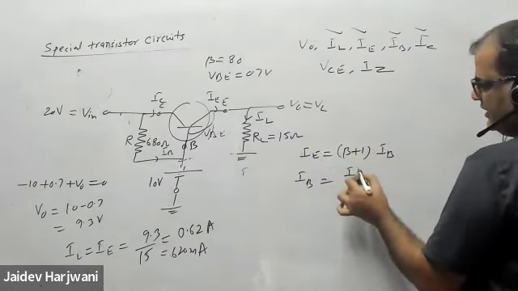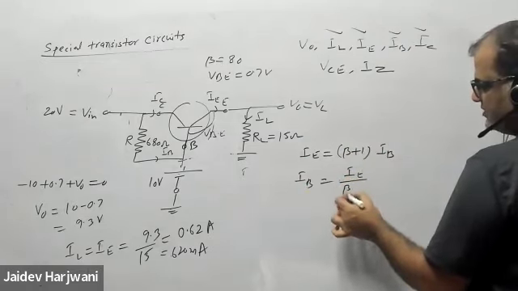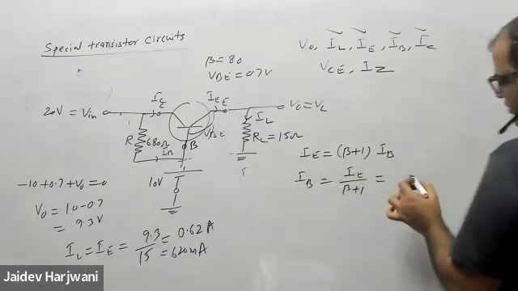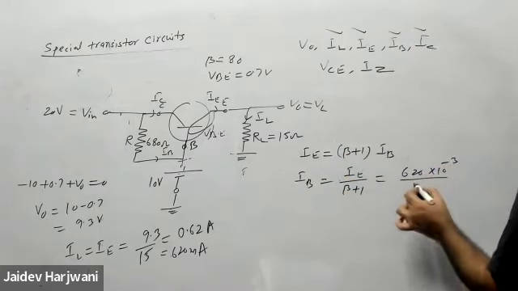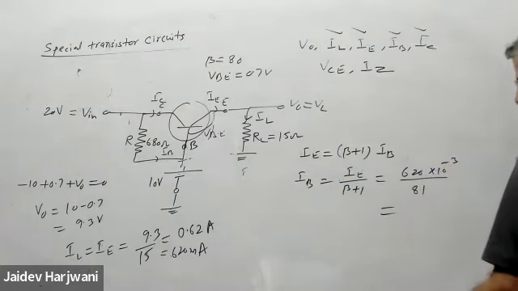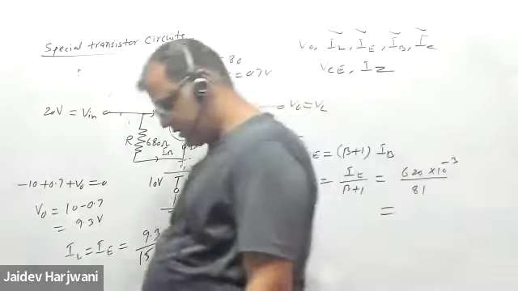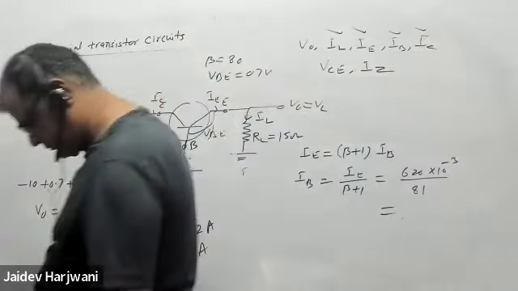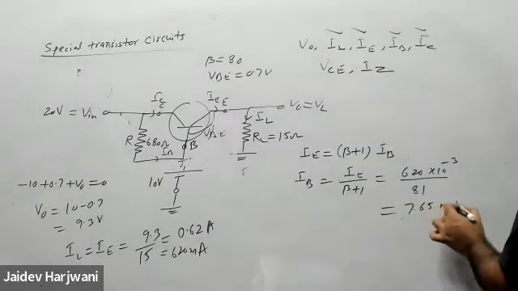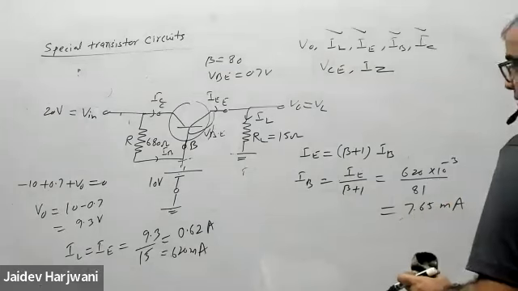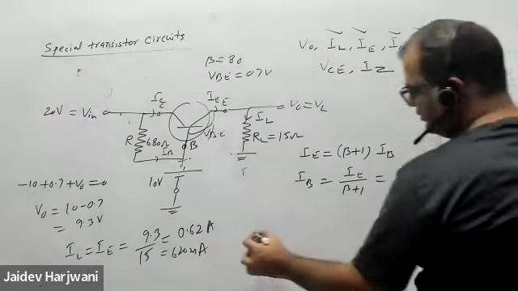That will be IE upon beta plus 1. That is 620 milliampere divided by 81. How much coming IB? 7.65 milliampere. And now you can find the IC value.